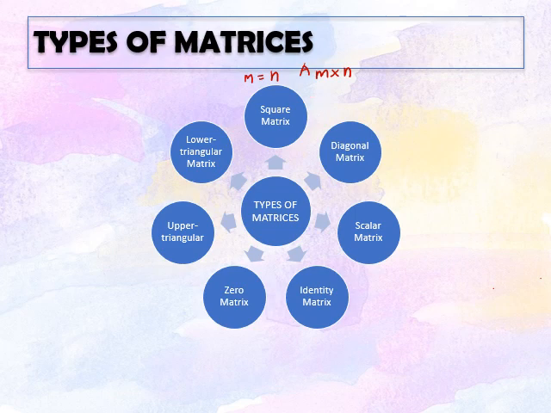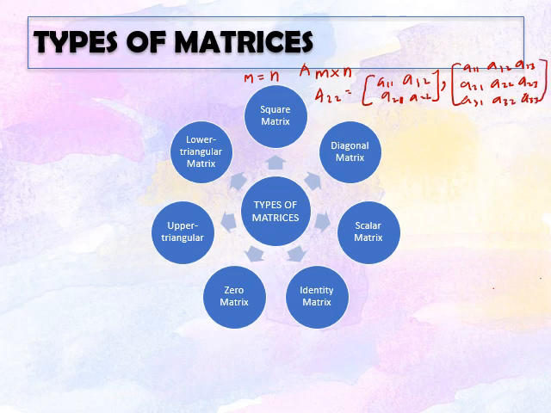Maybe we have A11, A12, A21, A22. This is 2 by 2. You have 3 by 3: A11, A12, A13, A21, A22, A23, A31, A32, A33. This is an example of a square matrix where m equals n. m is the number of rows, n is the number of columns.